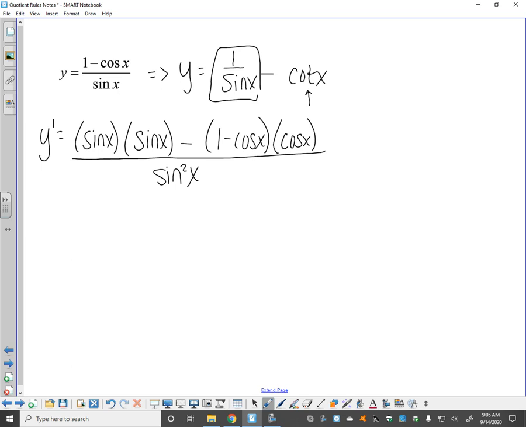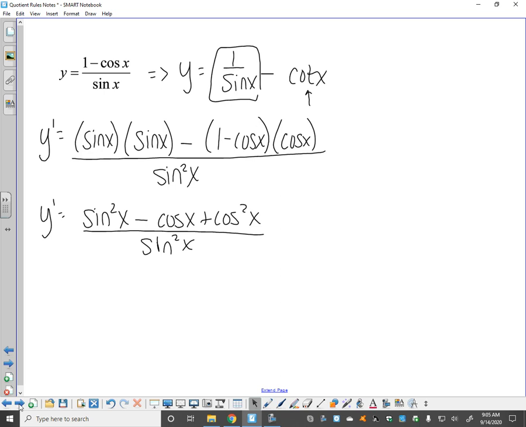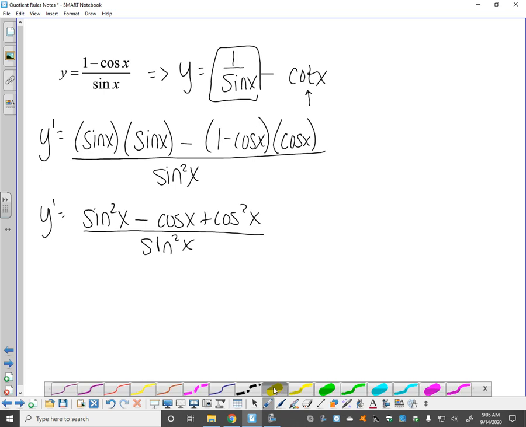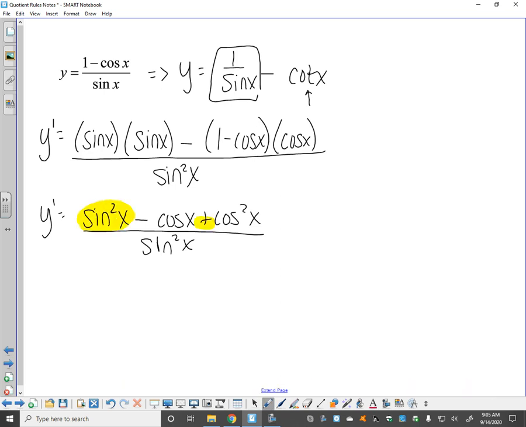Remember, put your square on your sine and not your x. I'm going to distribute my cosine and that negative. Ooh, you know what I see? I spy with my little eye a Pythagorean. Looky there.